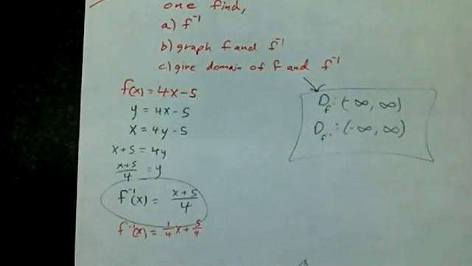What I want you to think about is, if the domain is all the possible x values and the range is all the possible y values for a function, what happens for its inverse function? Think about that for a second. Well, what's true is the domain and range get switched. And that'll also be true for any asymptotes or anything like that.